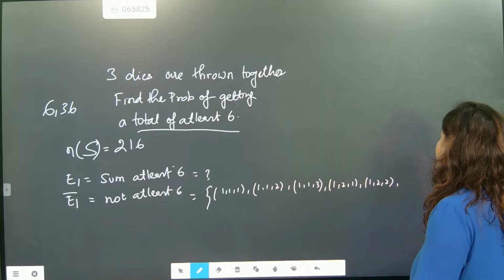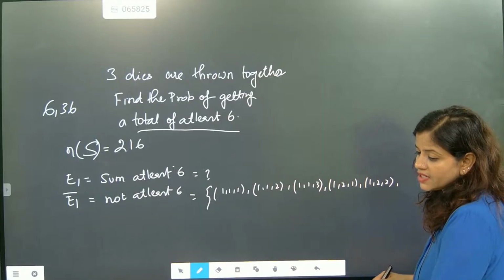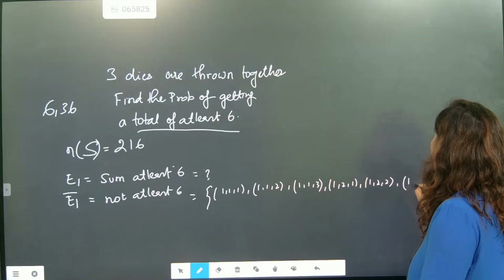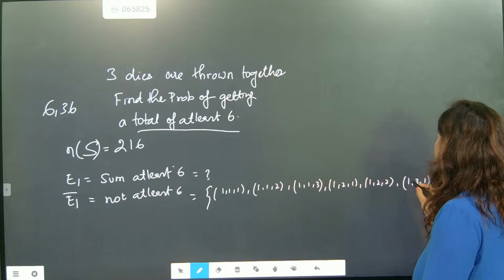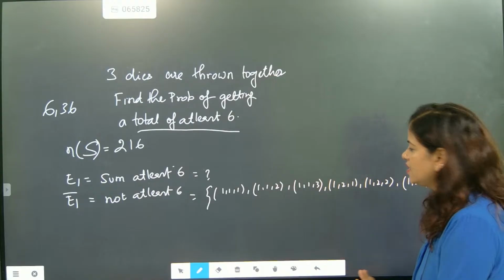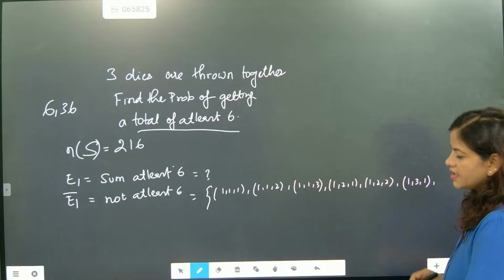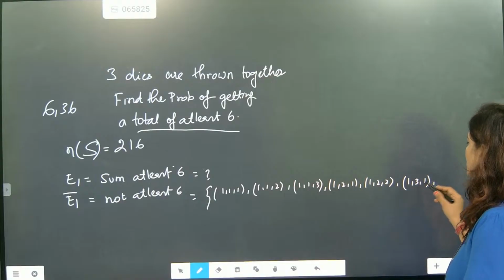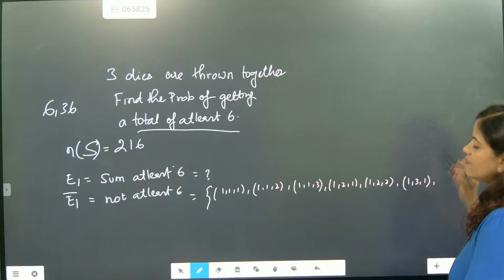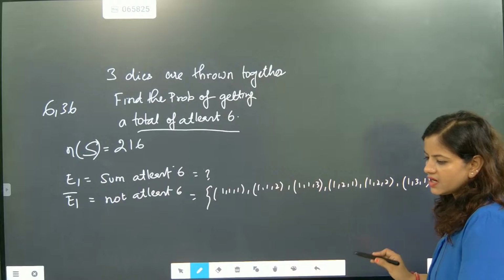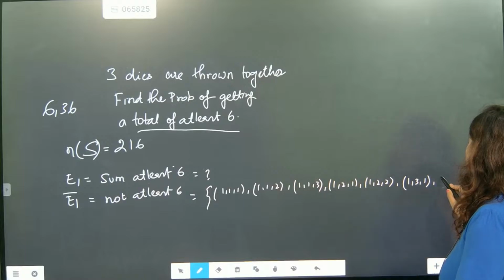Okay. Now the next one: 1, 2, 3 we will take. Not possible. Now 1, 3, 1: 1, 3, 4 plus 1, 5. This is packed. Now 141 we can't take, because the moment we write 141, it will become 6. 151 we can't take. After that we can't do anything.